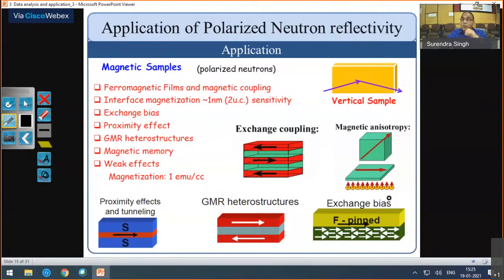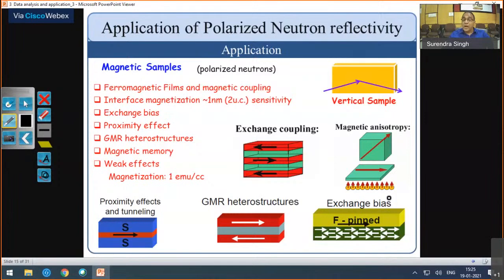You can also get exchange bias from PNR, when there is a pinning of a particular moment at the interface, and the hysteresis loop shifts along the magnetic field axis. That is the exchange bias.